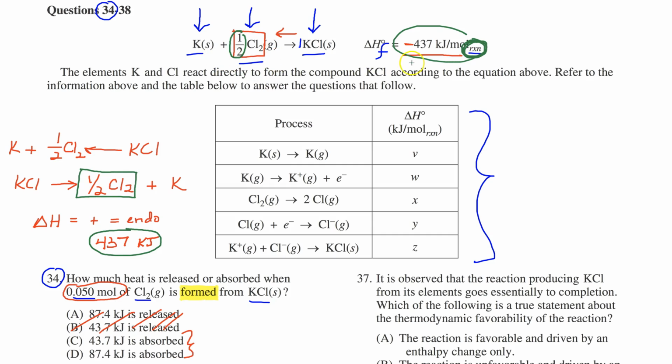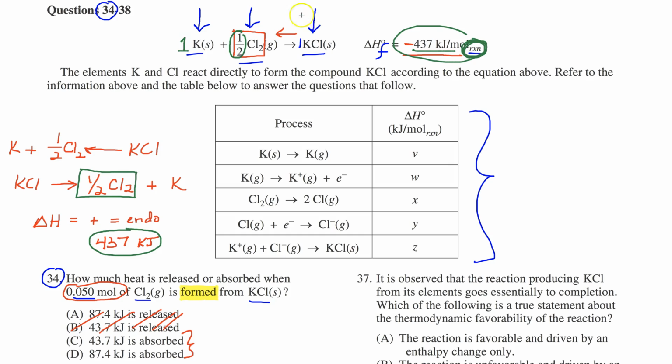If we look at the forward reaction to understand this, notice there's a coefficient of 1 here. So if I have 1 mole of potassium being completely consumed in this reaction, this is the energy that's released. And if I have half a mole of chlorine gas being consumed, it's the same energy. So it's very important you understand that as this energy is written out here, it's for any one of these chemicals.